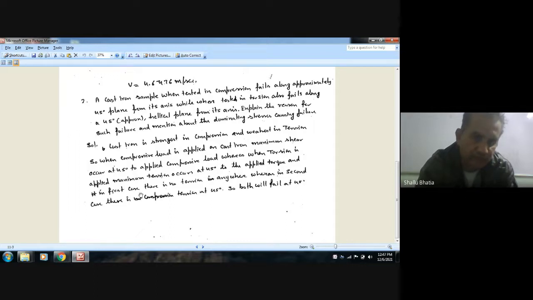In the first case there is no tension anywhere, whereas in the second case there is tension at 45 degrees. So both will fail at 45 degrees: the first will fail due to shear, and the second will fail due to tension.